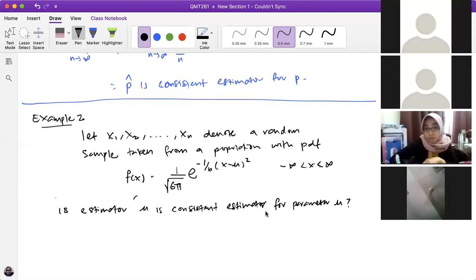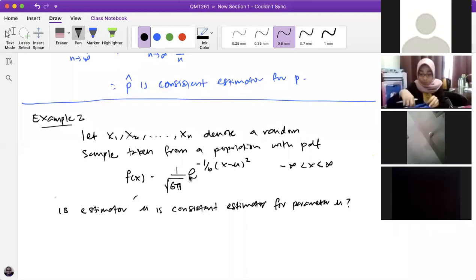Let x1 until xn denote a random sample from a population with PDF 1 over 6 pi exponential negative 1 over 6 times (x minus mu) squared, for x between negative infinity and infinity. Is its estimator mu hat a consistent estimator for parameter mu?